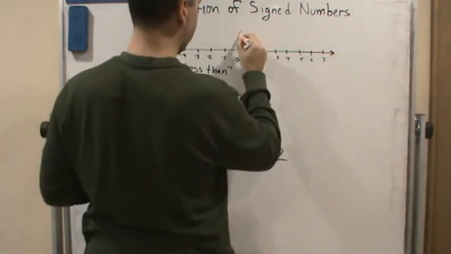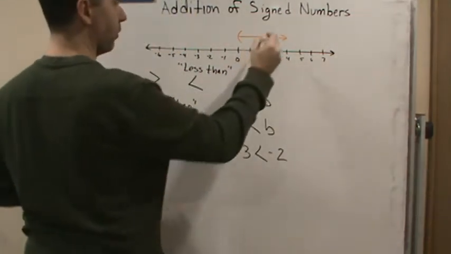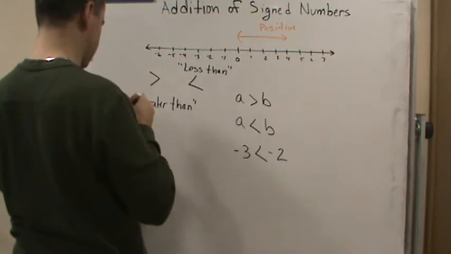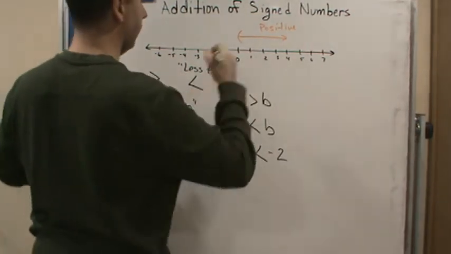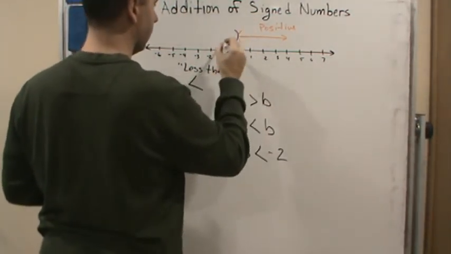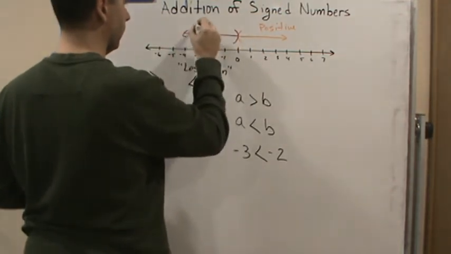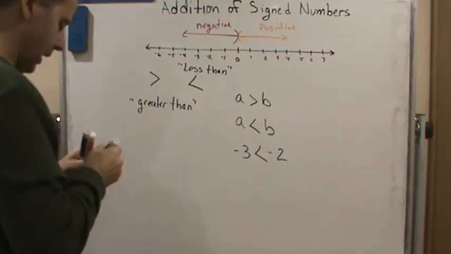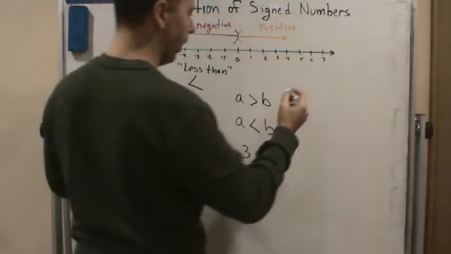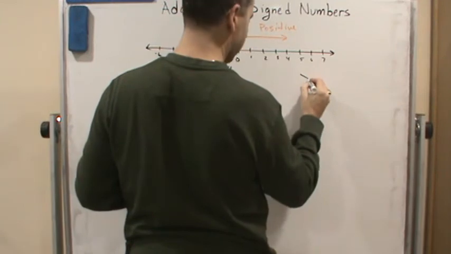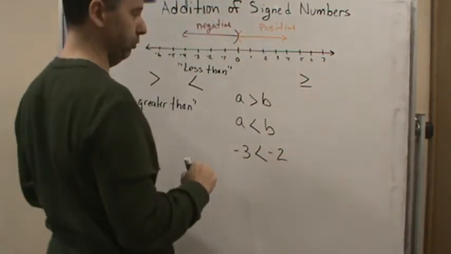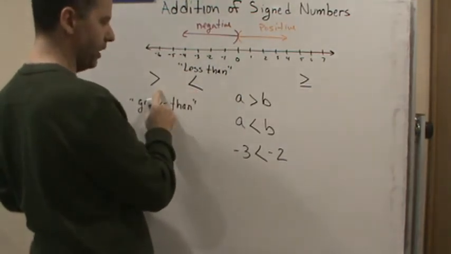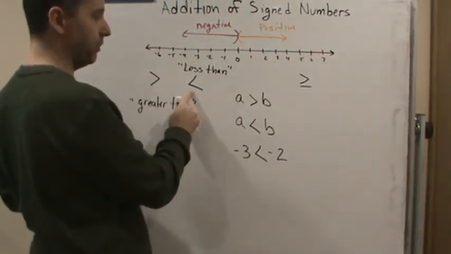These are what we call positive numbers, and these are what we call negative numbers. And then we also could have symbols of greater than or equal to. The earlier symbols are what we call strict inequalities, because they do not include endpoints.